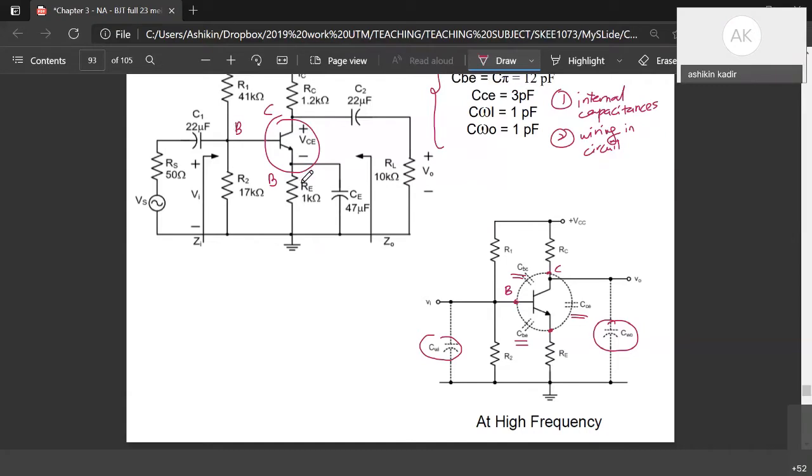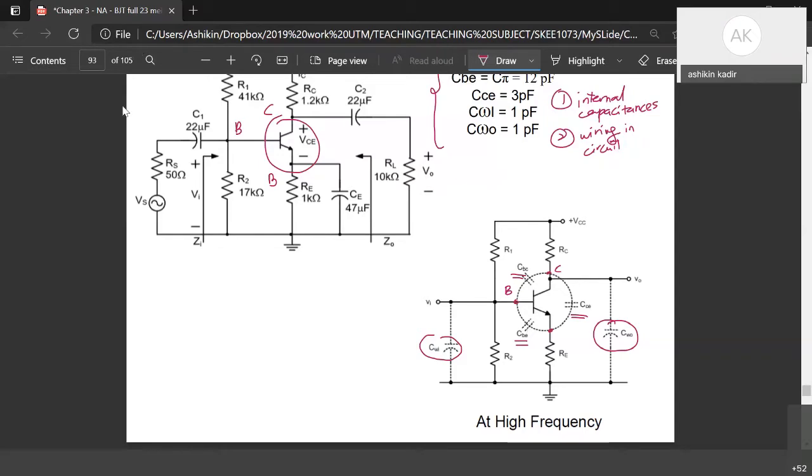So we don't care what happened at the emitter part. I mean, we don't need to represent any wiring effect at the emitter part. Okay.